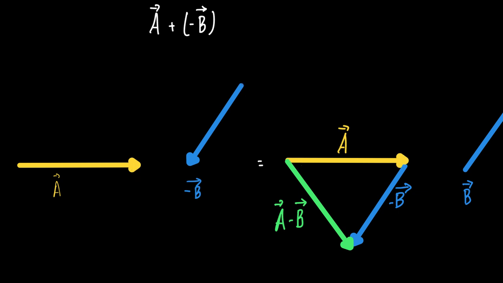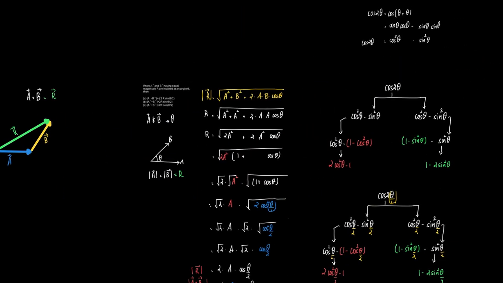So this is vector A minus vector B, and the new resultant obtained here is again a resultant vector. Why? Because the resultant is defined as the sum of two vectors. The only difference here is that instead of B, we have minus B. So the resultant is vector A minus vector B here. So that's one point that I want you to understand here.